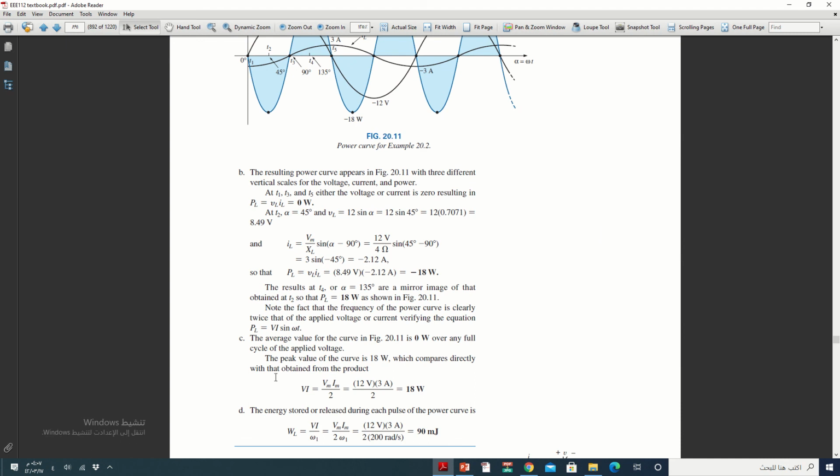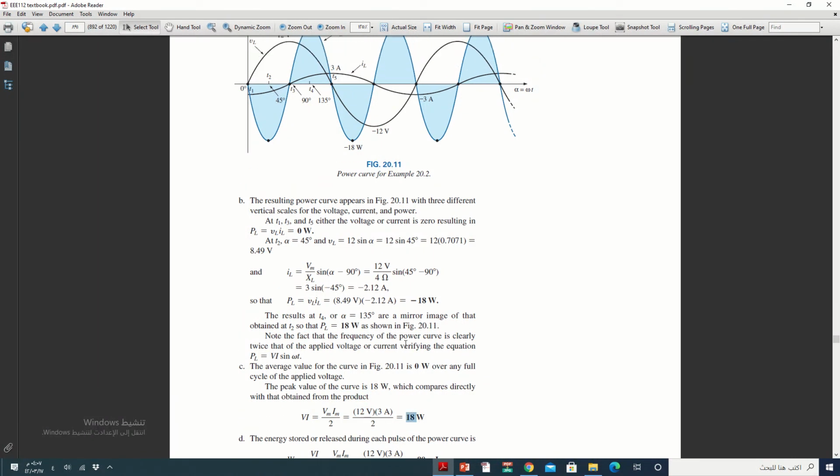The average value of the curve is 0 over any full cycle of the applied voltage. The peak value of the curve is 18 watt, which compares directly with the value obtained from the product. If you multiply 12 volt by 3 ampere divided by 2, you will get 18.